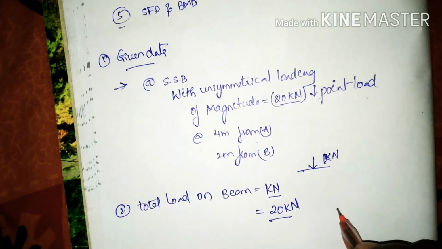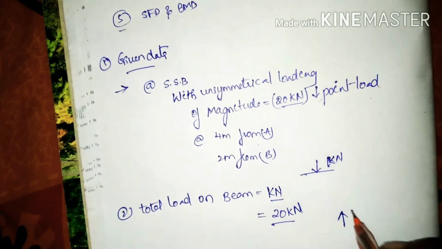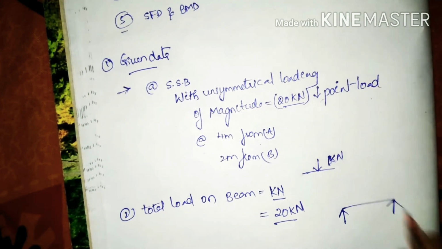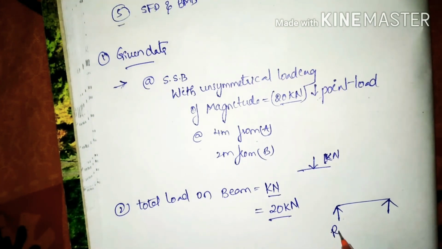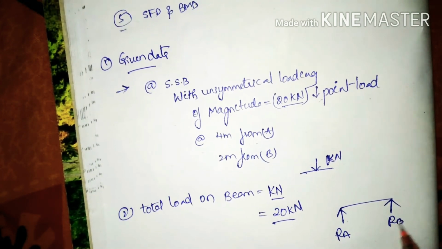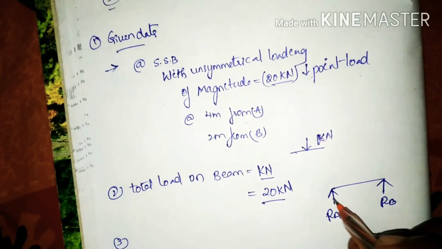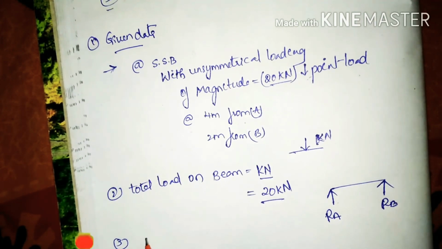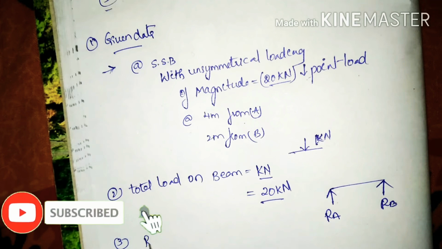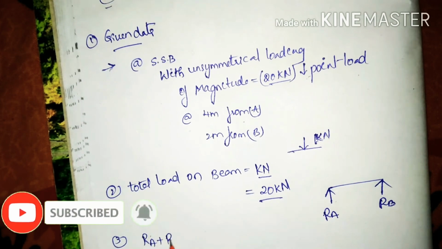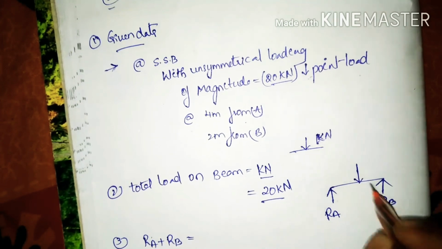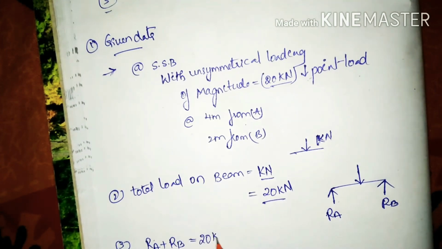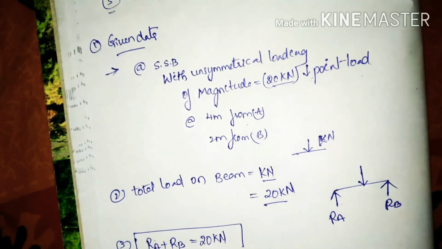For a simply supported beam, we have 2 end supports, so here we have a reaction RA and here also RB reaction, and these are in the upward direction. Writing on LHS, RA plus RB is equal to the downward force, that we have only one, that is 20 kilonewton load. This is equation number 1.